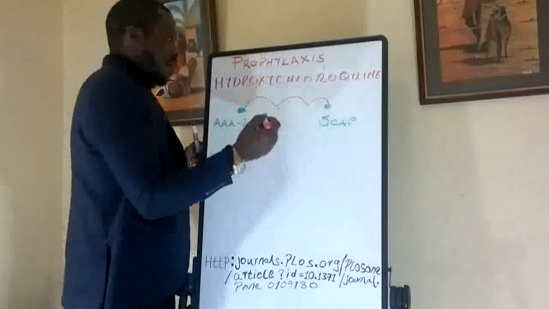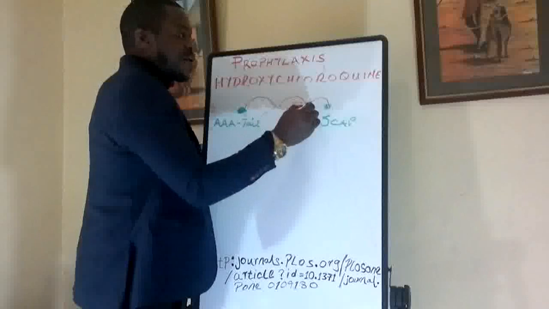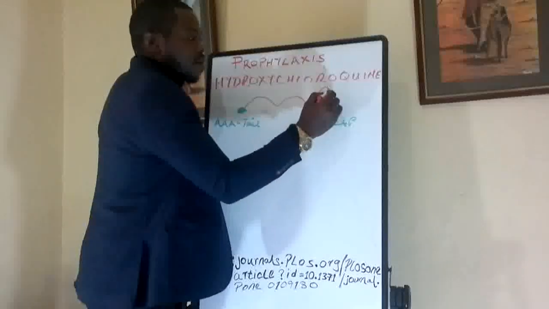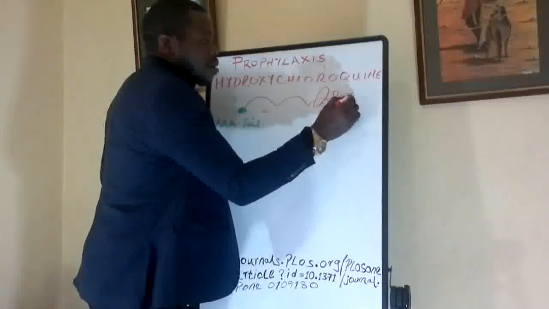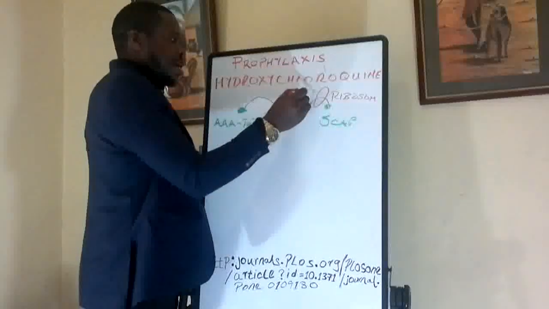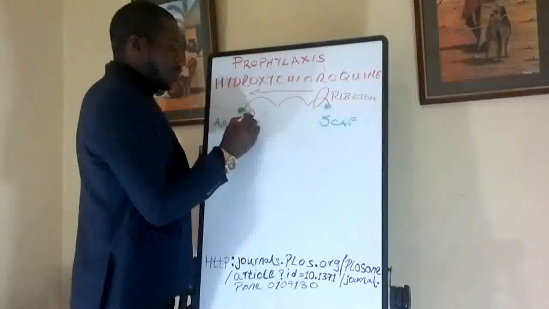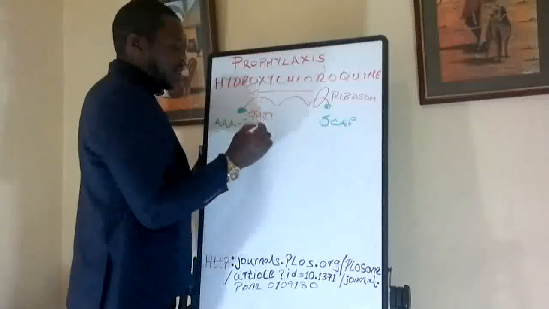So that's the viral RNA. So the ribosome translates this piece of RNA, moving this side, to create a protein.